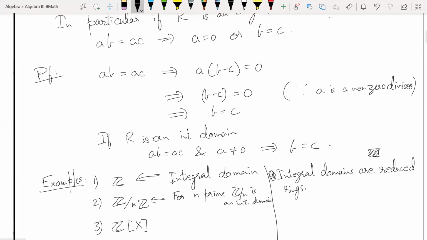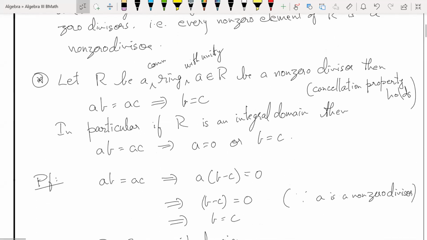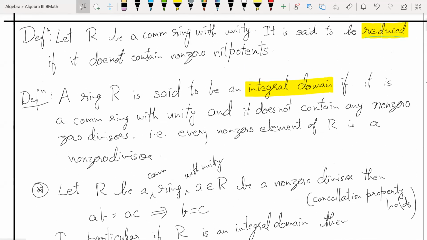So maybe I should have said in the definition that we are always assuming it's a non-zero commutative ring, meaning the multiplicative identity and the additive identity are different.